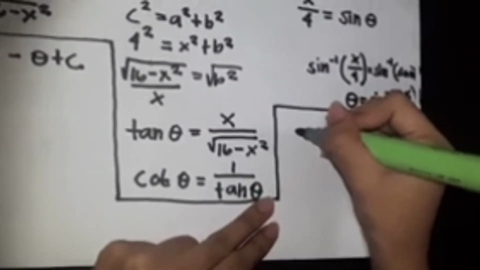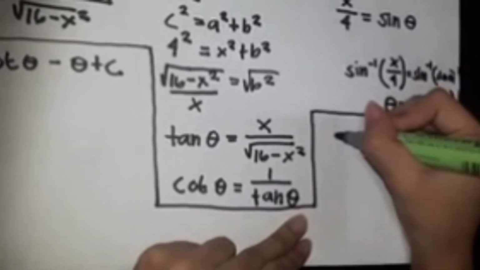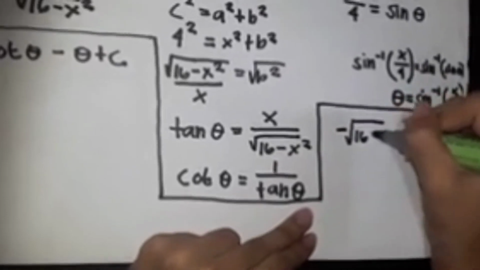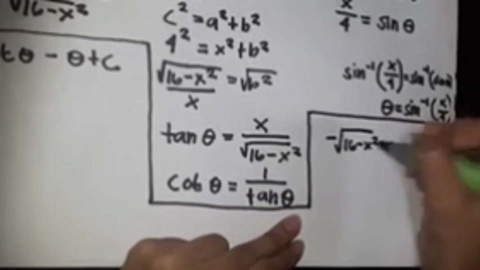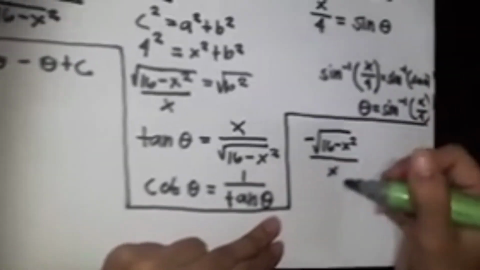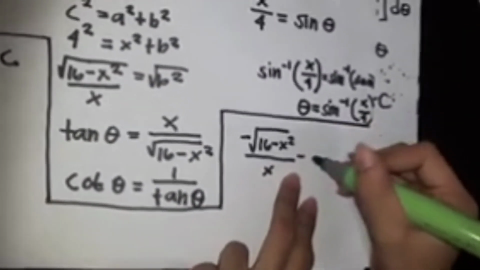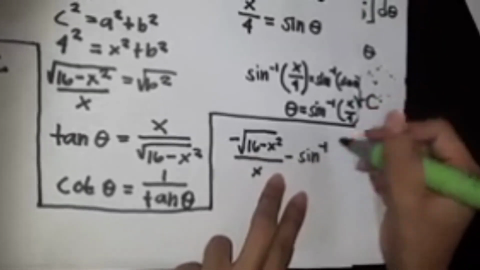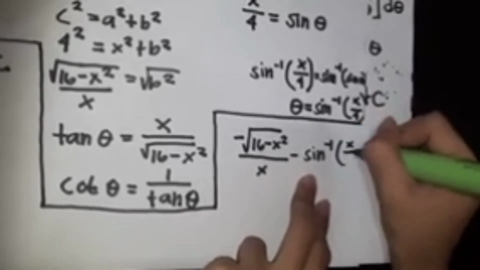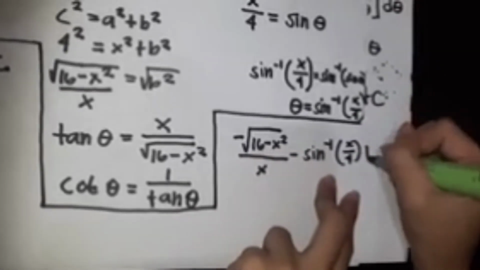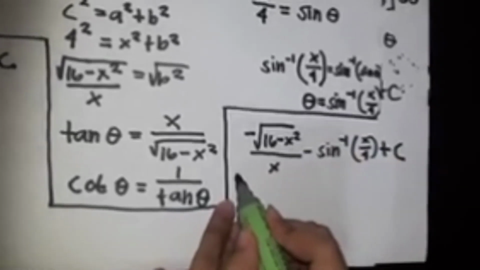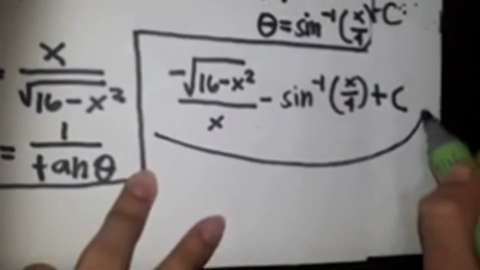So our final answer will be negative square root of 16 minus x squared over x, minus our theta, which is arcsine of x over 4, plus c. So, this is going to be our final answer.